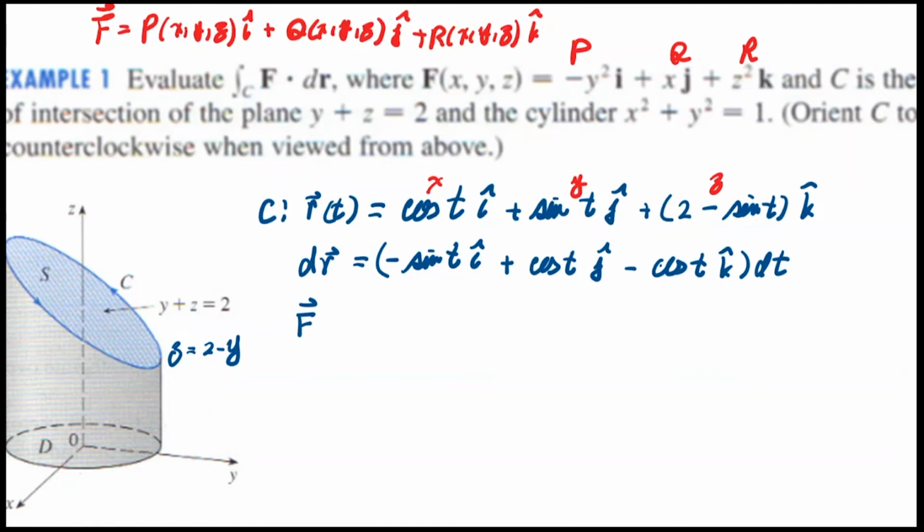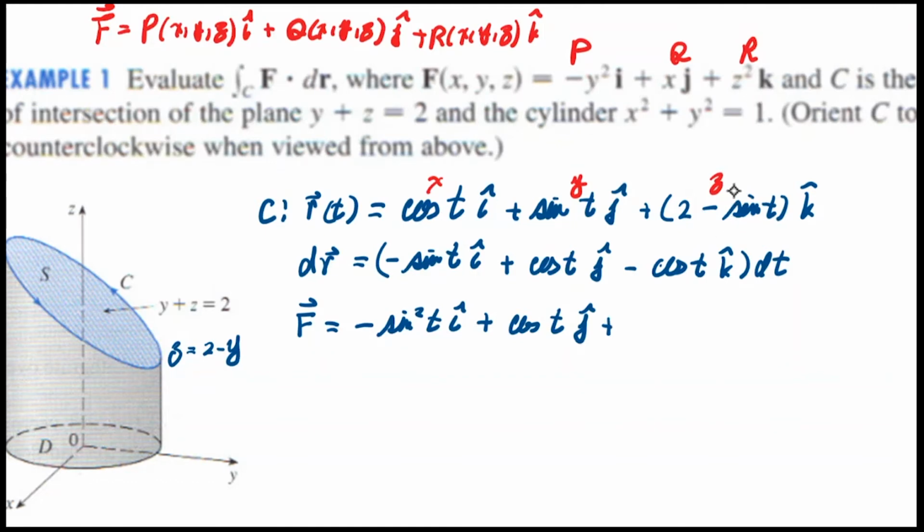Okay, let's look at f. My f is negative y squared, so negative y is sine t, so sine squared t i vector. Are we getting this? Plus x, and x is cosine t multiplied by cosine t, right? So we have cosine t j, and then plus z squared.